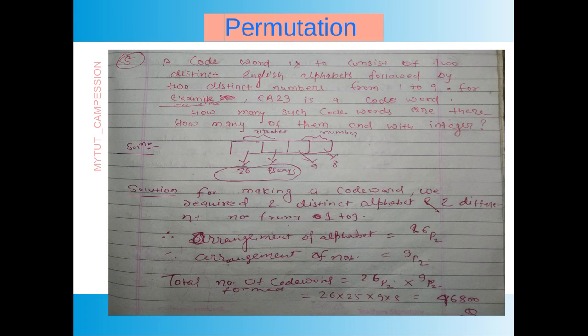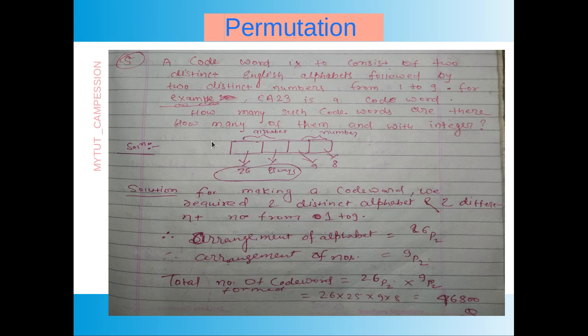Now, for making a code word, we require 2 distinct alphabets and 2 different numbers from 1 to 9. Arrangement of alphabets is 26P2. Arrangement of numbers is 9P2. Okay.